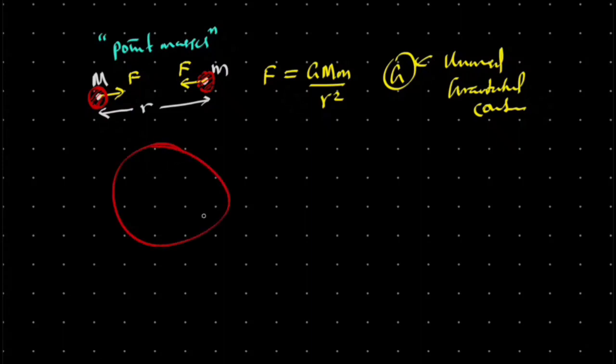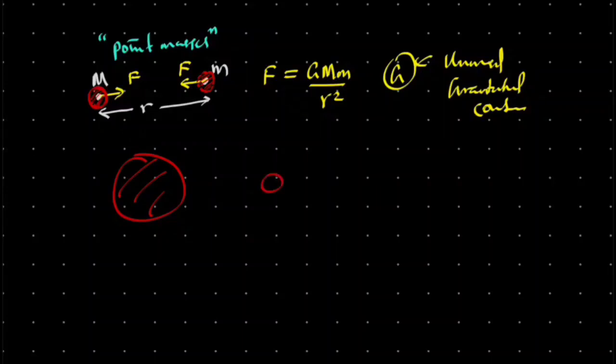Like if you take a ring and put another mass inside, or a hollow sphere with another solid sphere inside, these are not the cases we're talking about. We're talking about scenarios where the two masses are apart, and they should have radial symmetry.